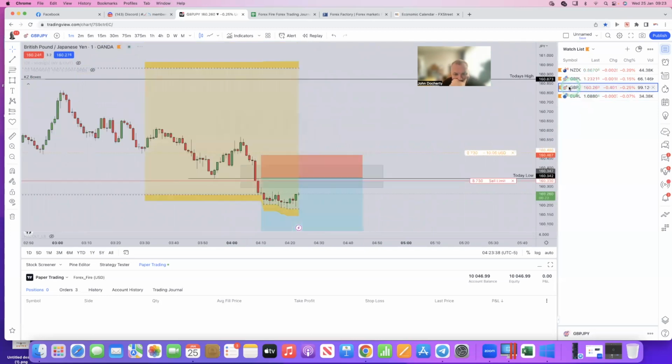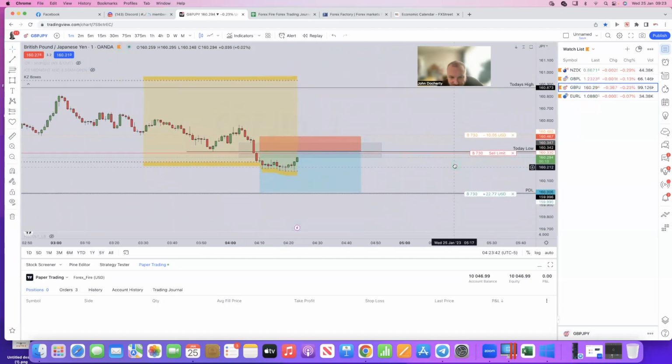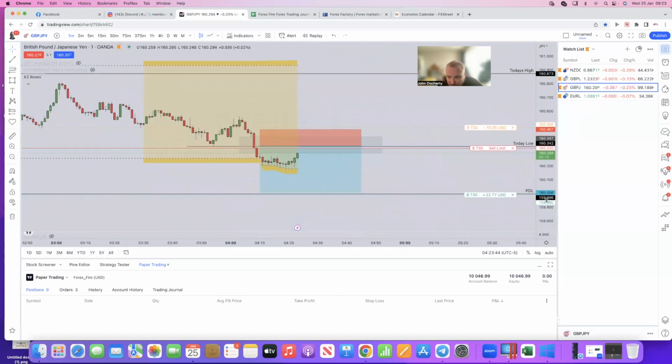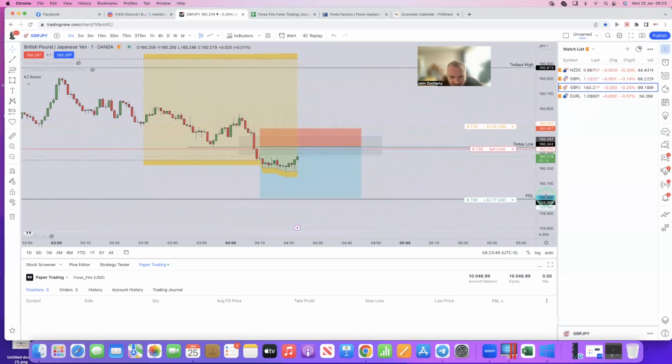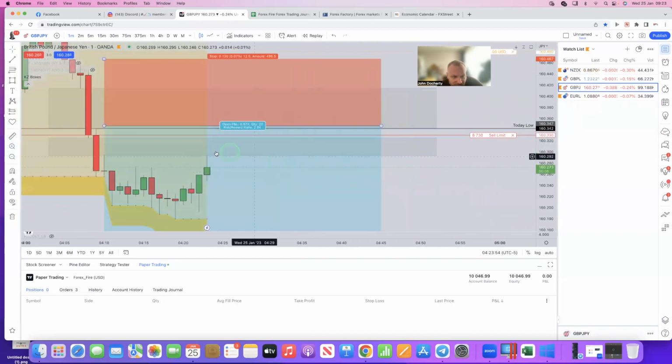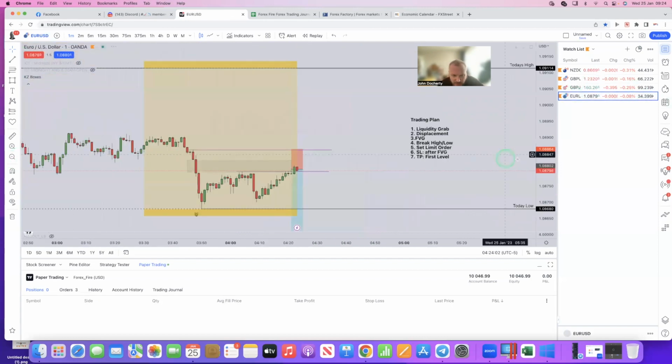It's slowly coming up into price. And like I say, when we talk about the fair value gap, we've got the first fair value gap. It's touched into that, but it hasn't come up to the second area just yet. Come out of that. Go back to Euro USD.